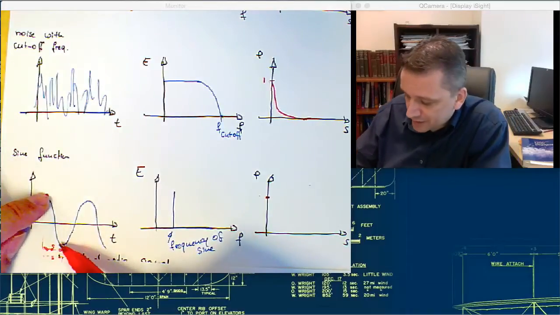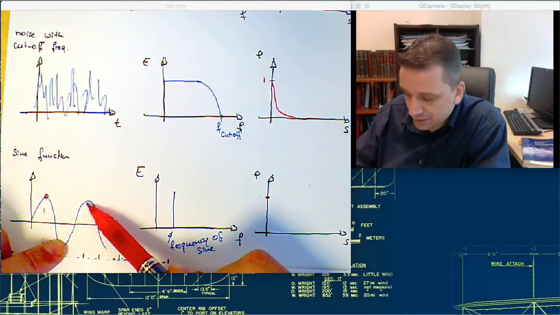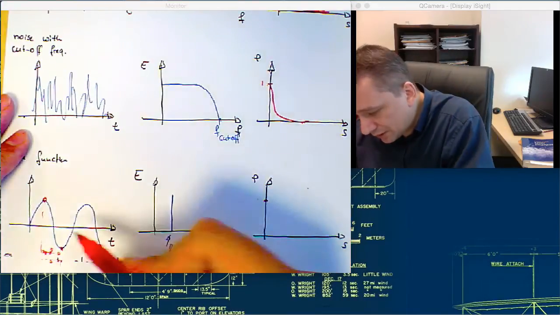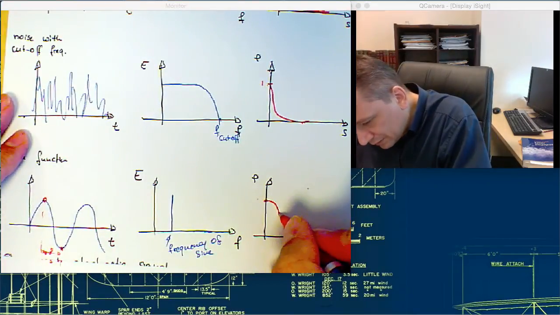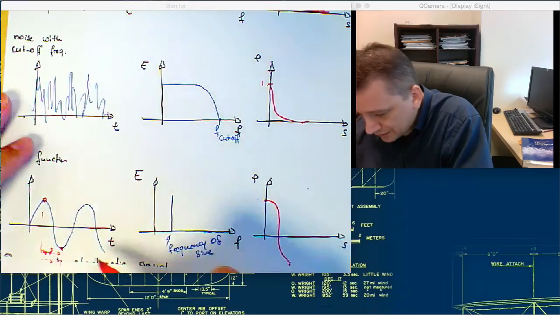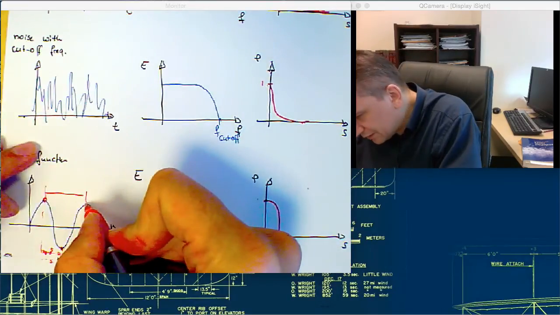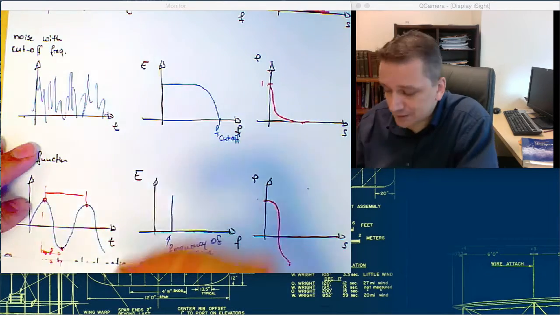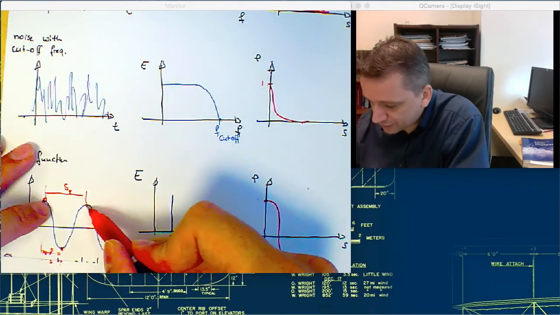That means every time your signal is up here, it's going to be down there, and every time it's going up, it's going to be down over there. So choosing an S over here, it's going to be completely anti-correlated. And if you choose an S that is exactly the wavelength, then it's always going to be correlated.